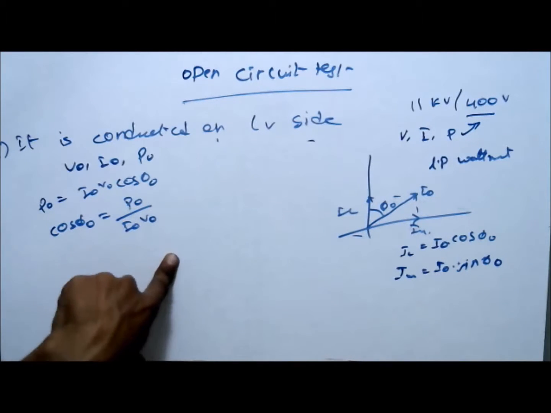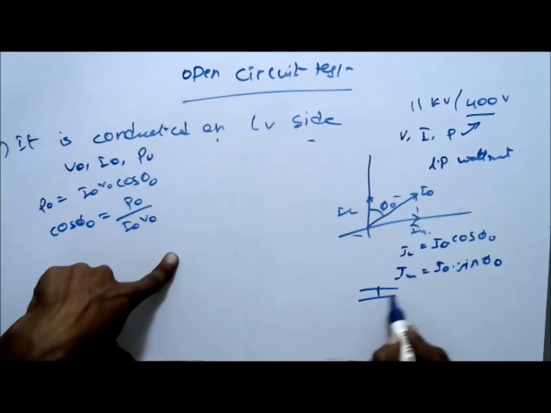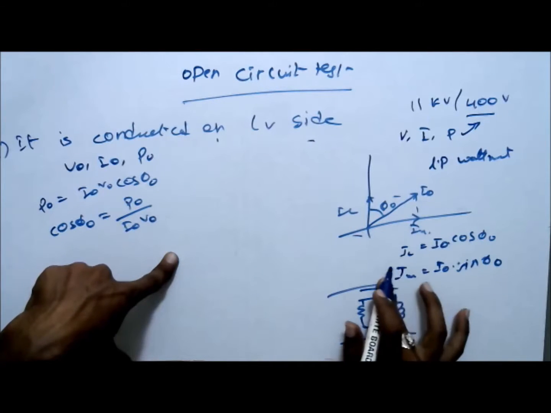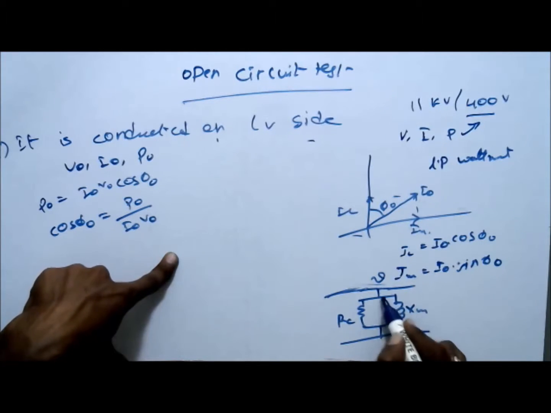And see again this equivalent circuit. Remember this: this is the applied voltage, RC, XM, I naught, IC, IM.